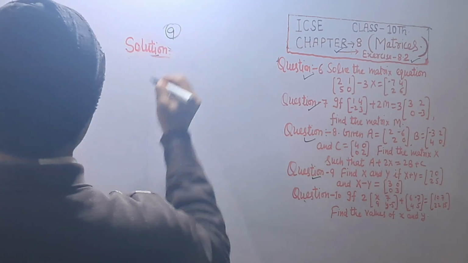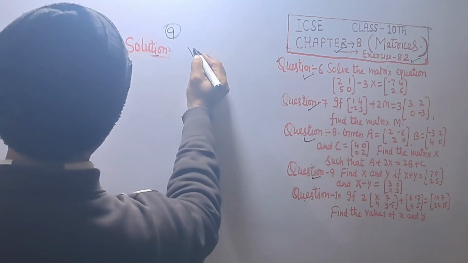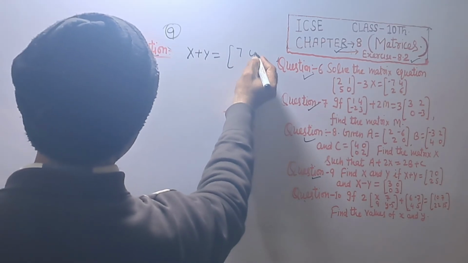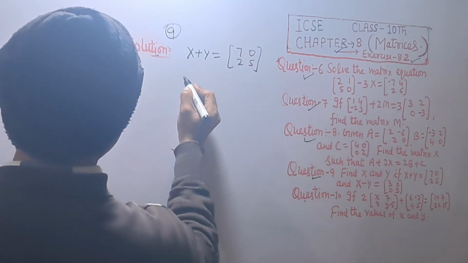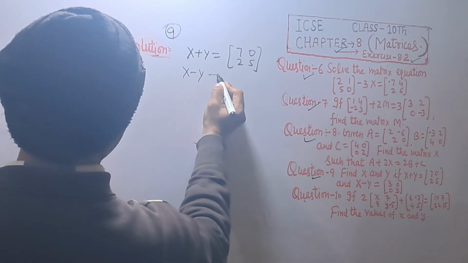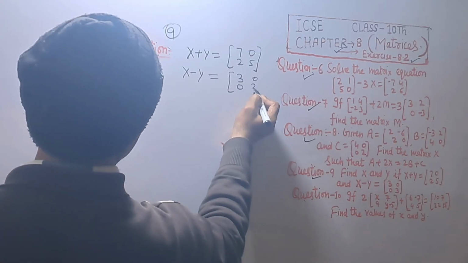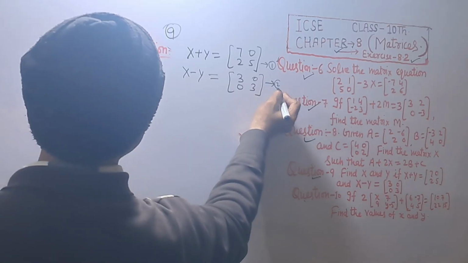Question number 9. Find x and y if given x plus y equal to [7, 0, 2, 5] and x minus y is equal to [3, 0, 0, 3]. These are equations first and second.